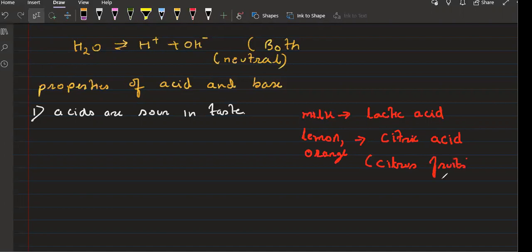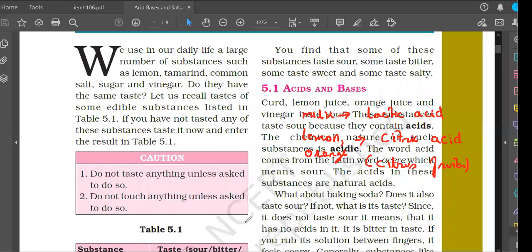Lactic acid is present in milk, Brinda. That's what I said. Lactic acid is the acid which is present in milk. Okay, everyone? Got this concept?